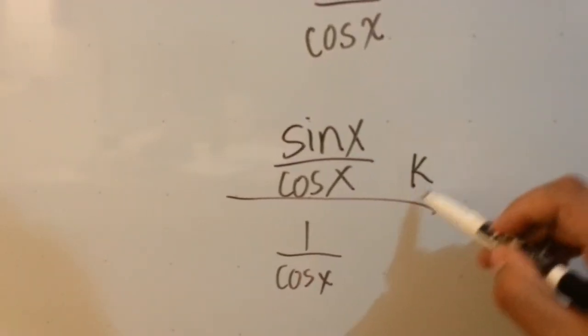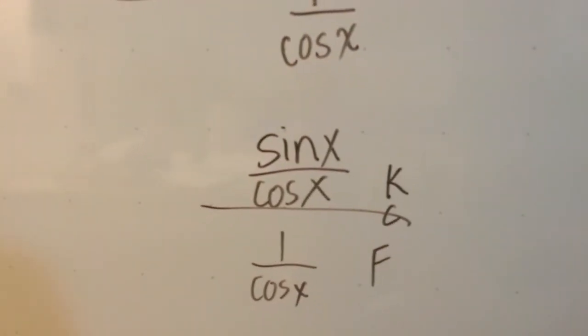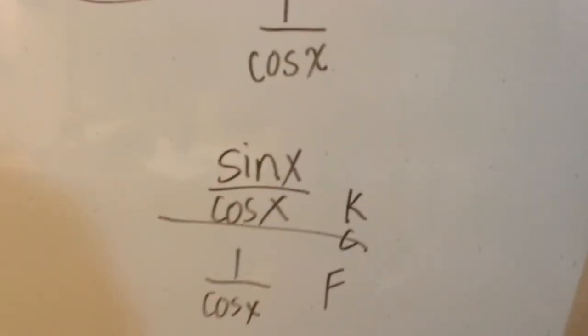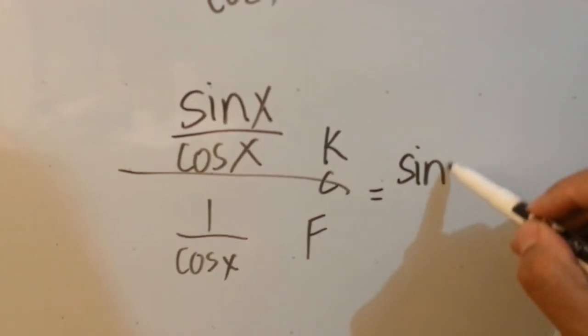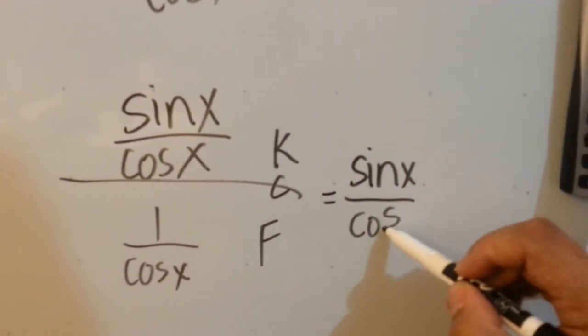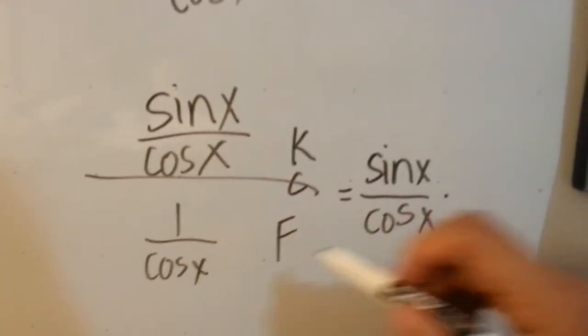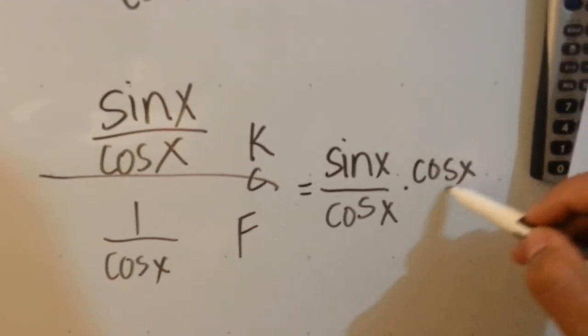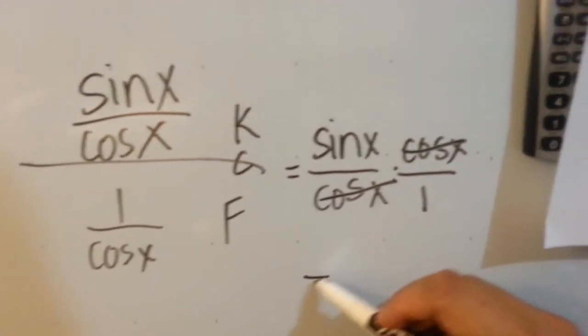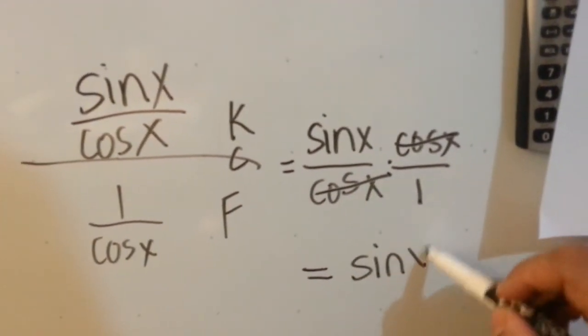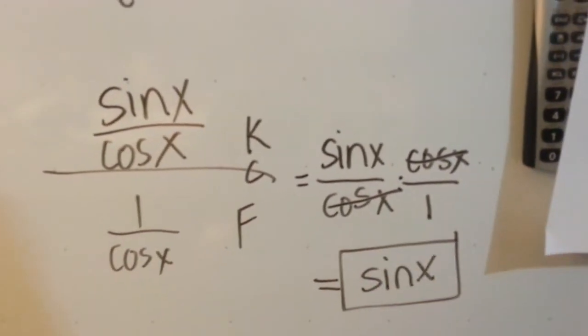Right, and we're going to change, and we're going to flip. We're going to keep the numerator, sine x over cosine x, and we're going to flip the denominator, cosine x over 1. Cosines cancel, and you're left with sine x over 1, which is just sine x. And that would be the answer.